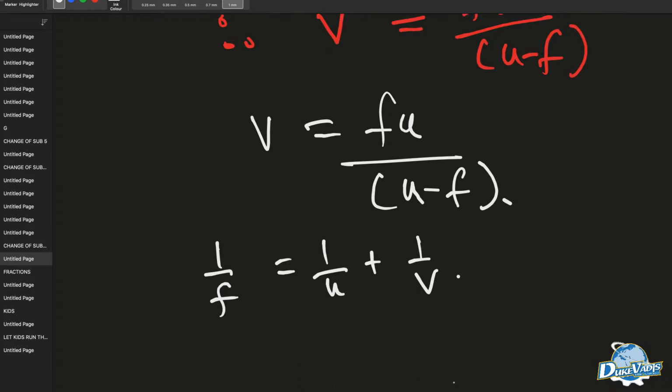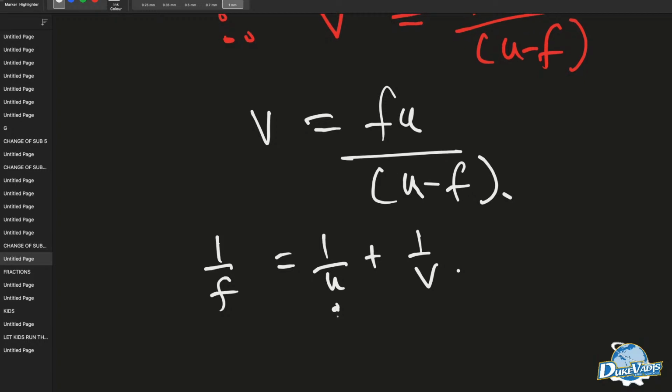Okay, we want to make u the subject. What do I do? I want to make u the subject. So when you look at it very carefully, you will see that our common denominator is f, u and v. Have you seen it?